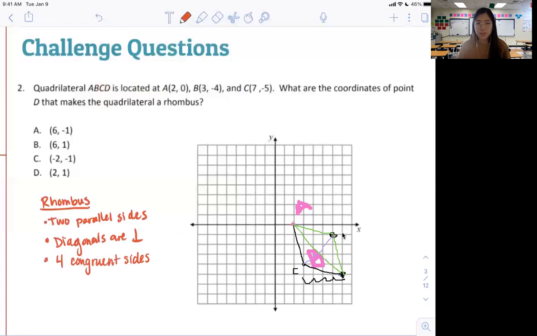So it looks like they chose 6, -1. I hate when they don't put numbers. It's so hard to count. So we're going to test just to make sure that we are fitting all of our criteria. So tell me, if we've got parallel sides, what needs to be true?